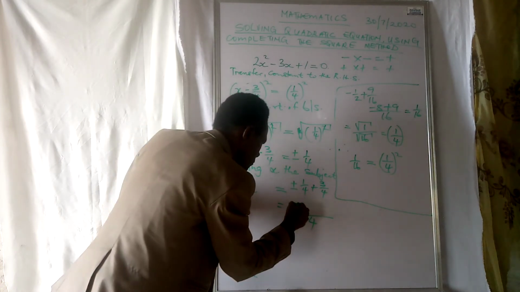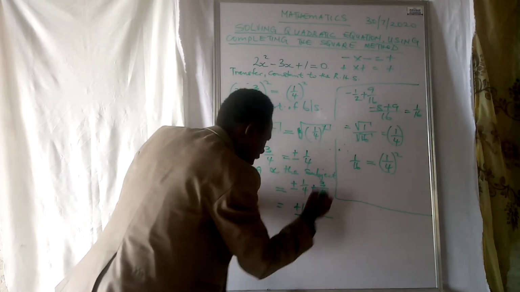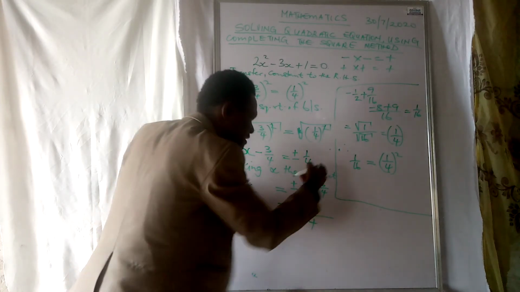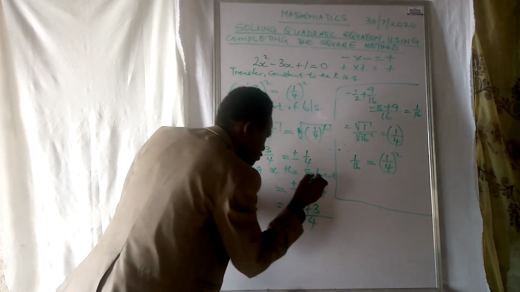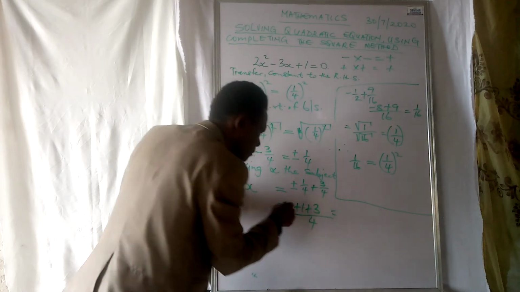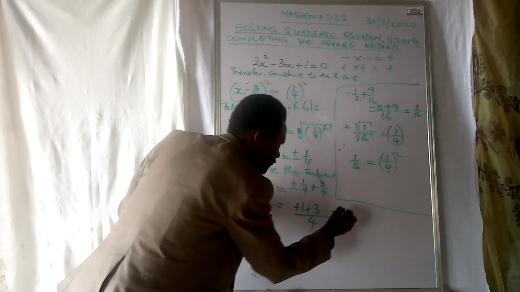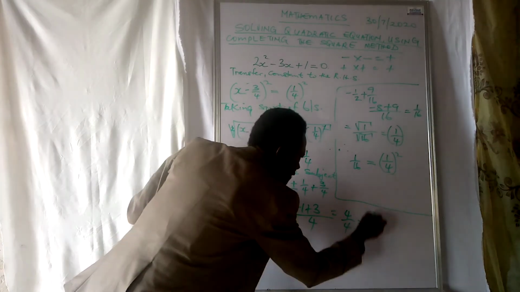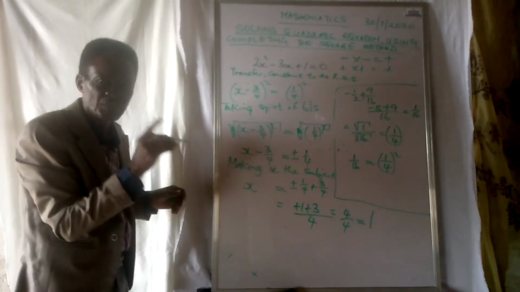Then put the sign plus again. 4 divided by 4 is 1, 1 times 3 is 3. So plus 3. That is 1 plus 3 is 4, that is 4 over 4, which is 1. That's why 1 is one of the answers.